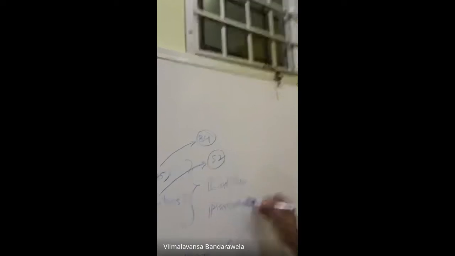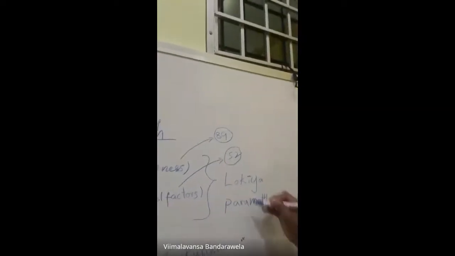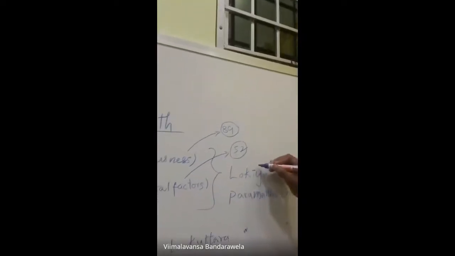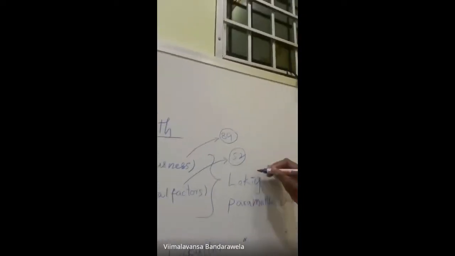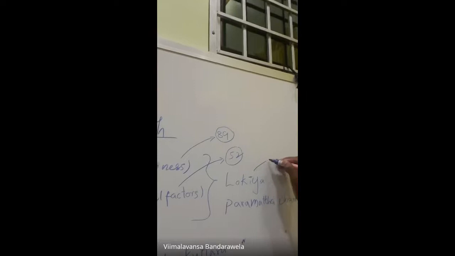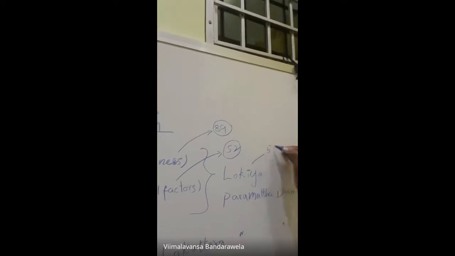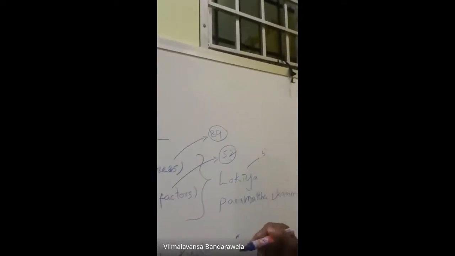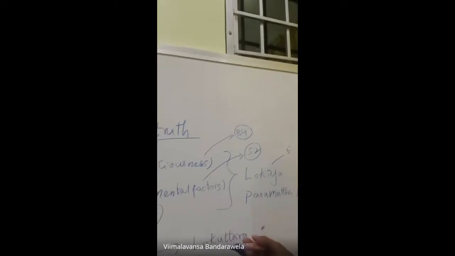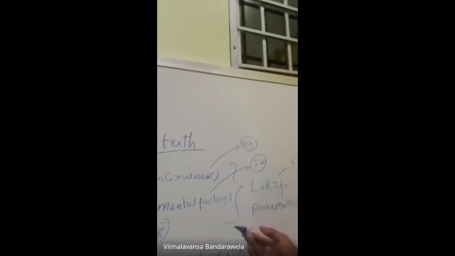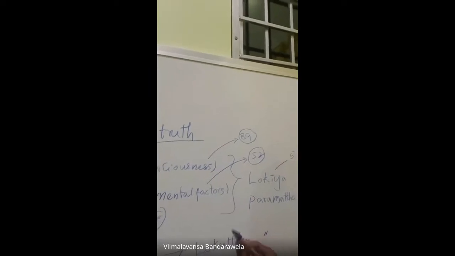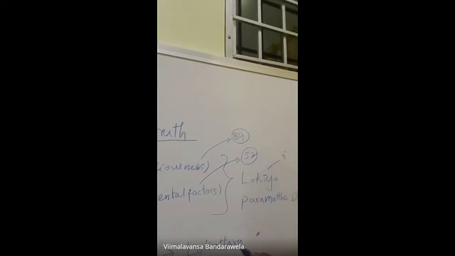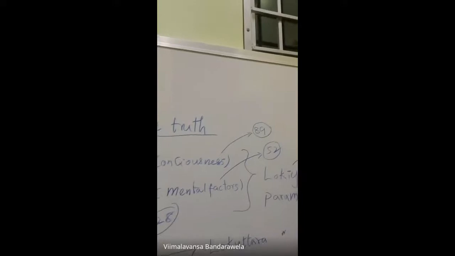You can understand Lokiya and Lokuttara this way. Usually Loka means your body, all the five aggregates: the rupa aggregate, vedana aggregate, sanna aggregate, sankhara aggregate and vinnana aggregate.